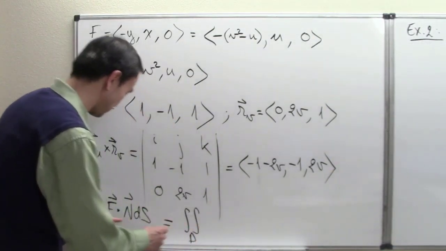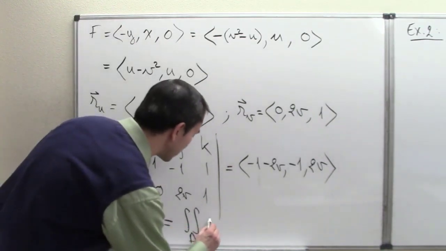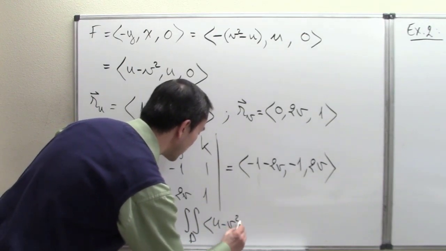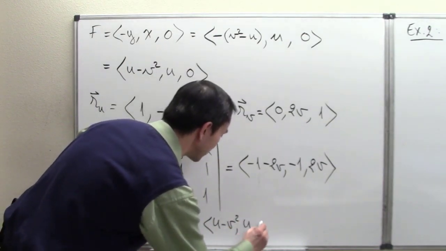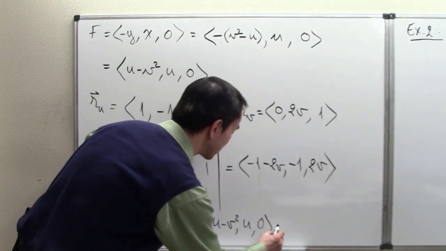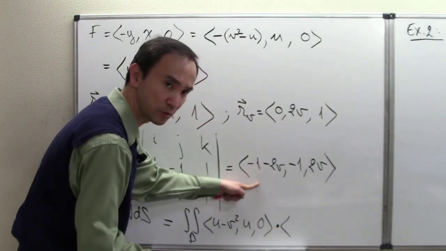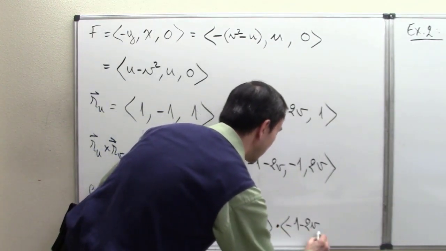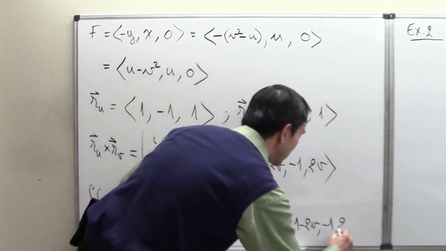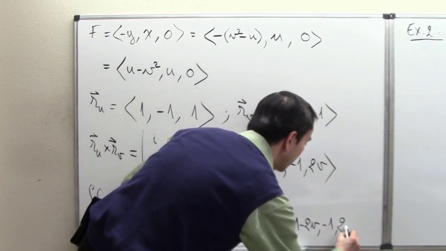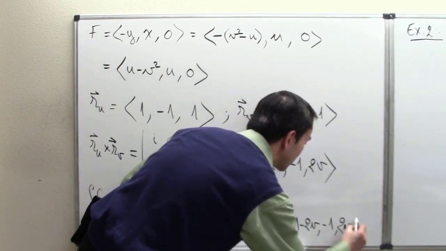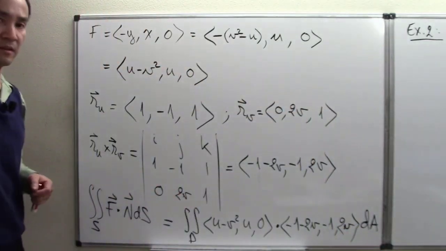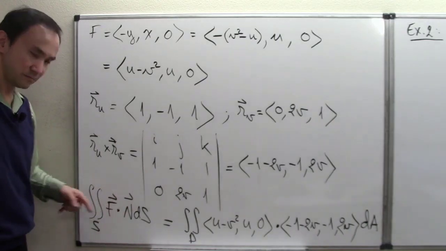Now F is this, so I'm going to write it down: u minus v squared, comma, u, comma, 0, in a dot product with the normal vector we just calculated, minus 1 minus 2v, comma, negative 1, comma, 2v. And everything here is multiplied with a dA. So that's how it's done.